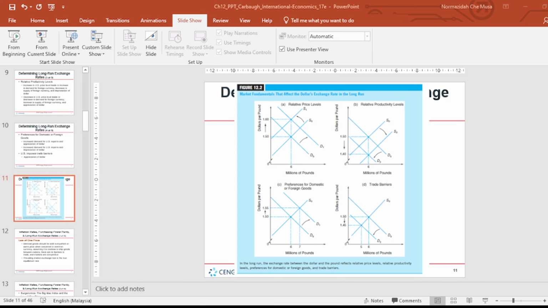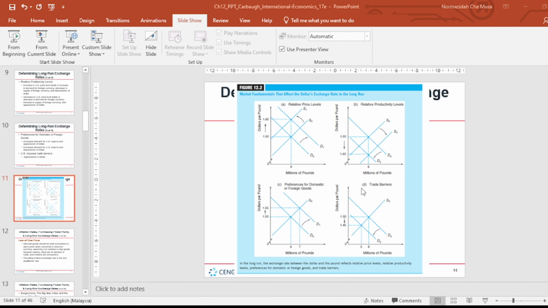So at the same time, the supply of the pound shifts to the right, increases, because there's more purchases of imports from the UK. So there's going to be an increase in the supply of the pounds. As a result, there is appreciation of the US dollar.